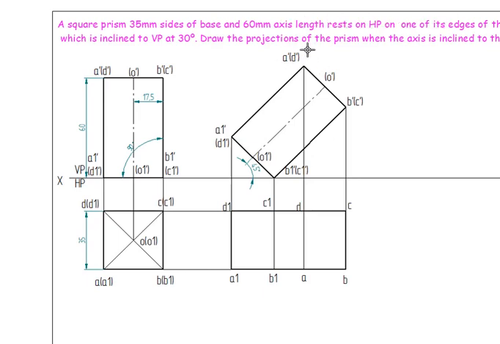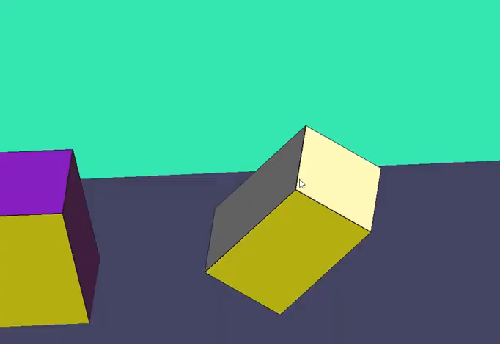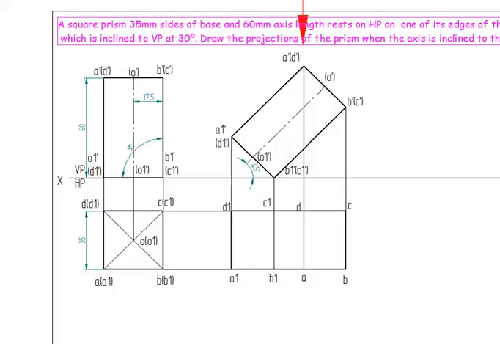Observer will look from here. So I'm going to see from the top. The nearest point for the observer is A and D. So A and D is the visible edge. So I'm going to draw it in thick lines.